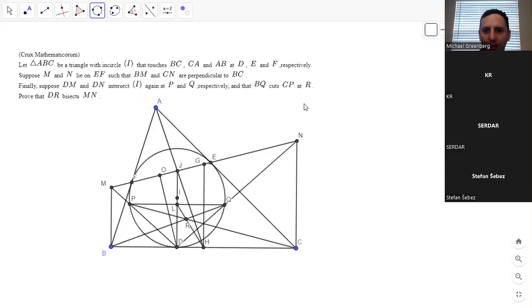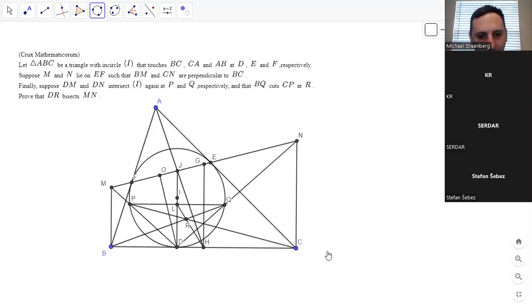You extend EF to meet BC and use one or two facts about harmonic bundles, and then you will have power of a point. Okay, so it seems like KR has seen this before too. So you extend EF to meet BC, use harmonics and power of a point, and then you can show BOGC is cyclic.